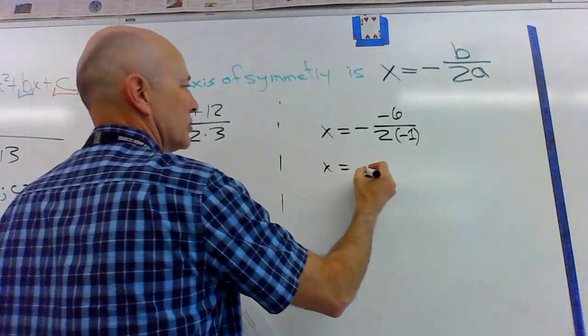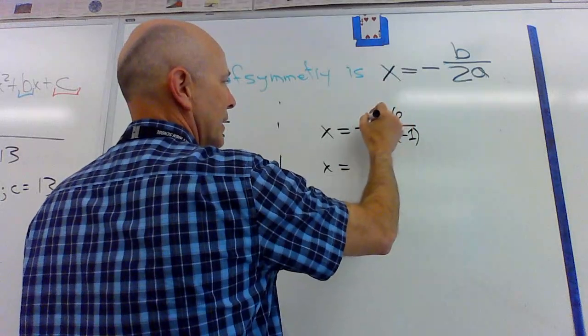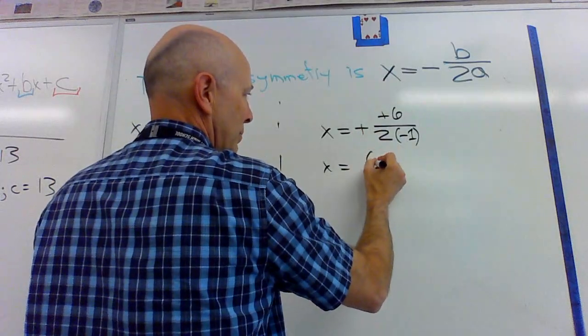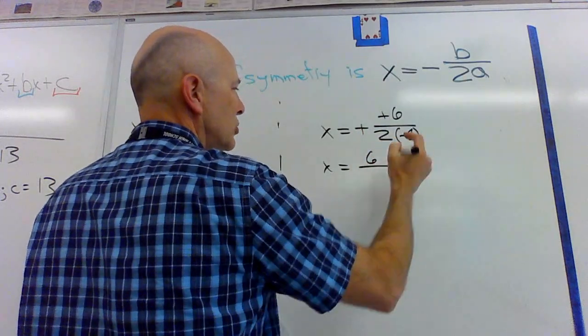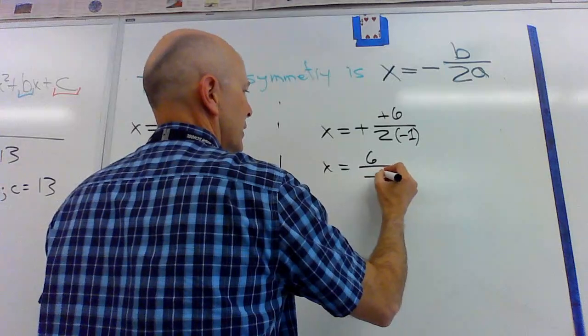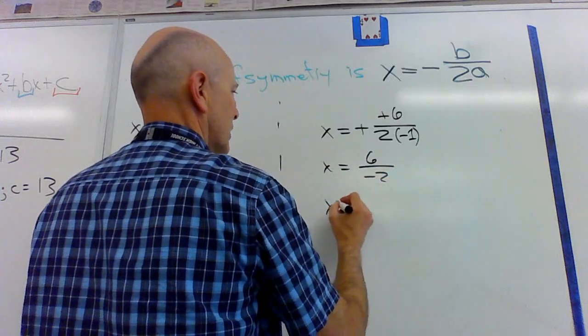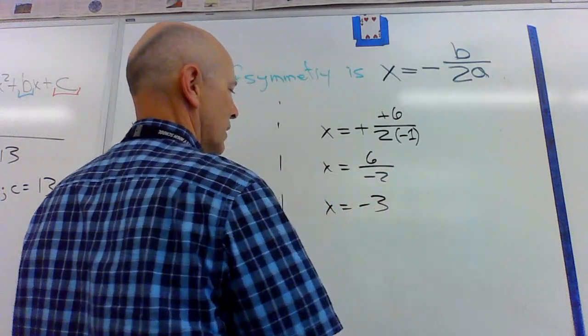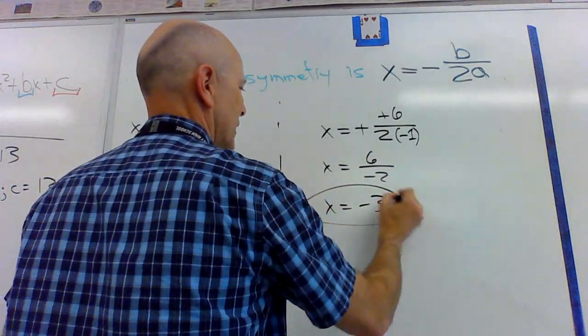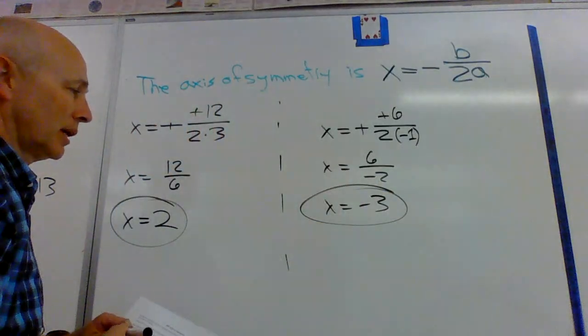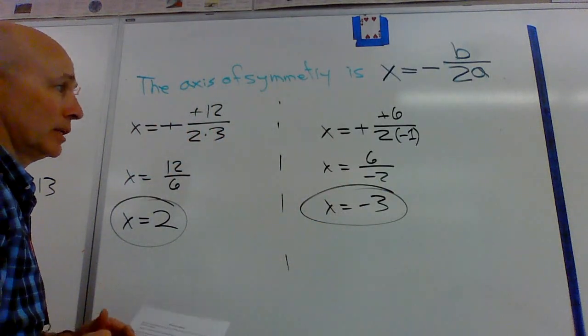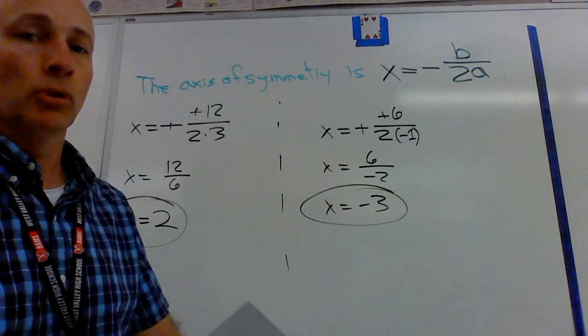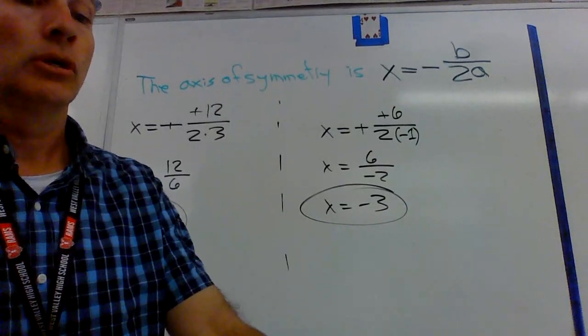So I got that opposite negative there again. That's not always going to happen, but it happens in this one. 2 divided by negative 1 is negative 2. 6 divided by negative 2 is negative 3. So that is the equation of my axis of symmetry for my second example. Pretty easy to find overall.